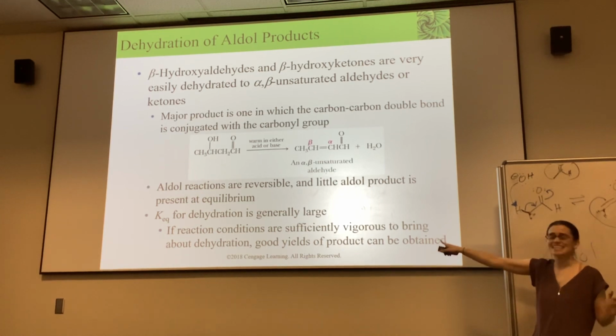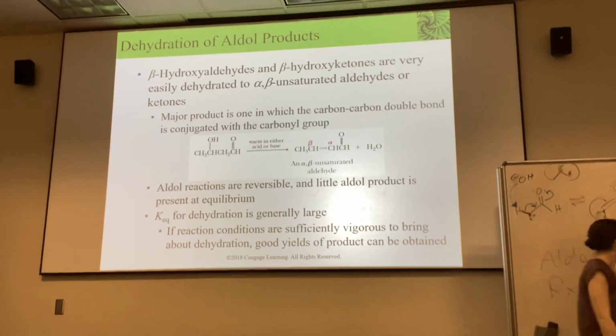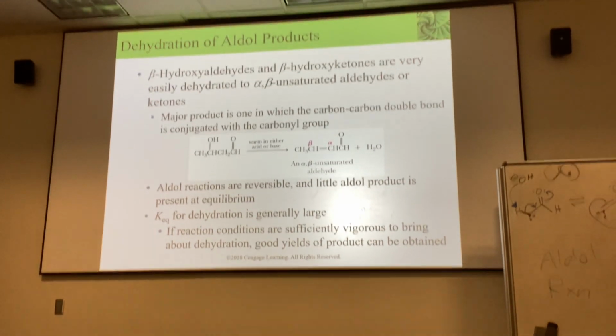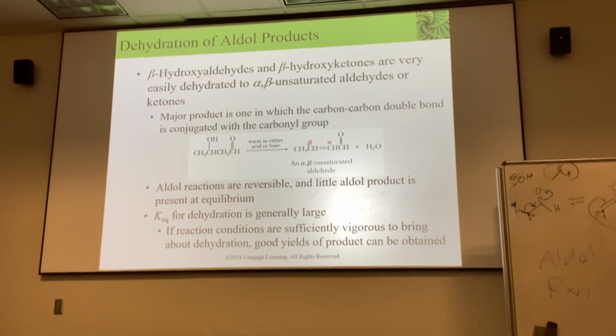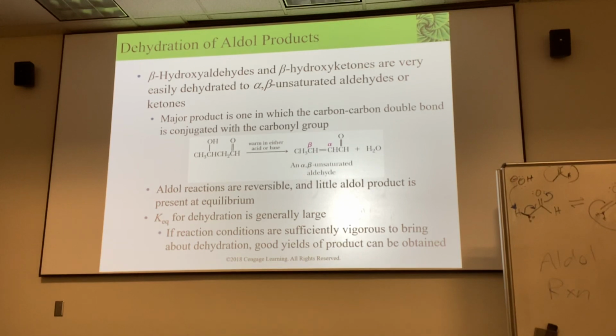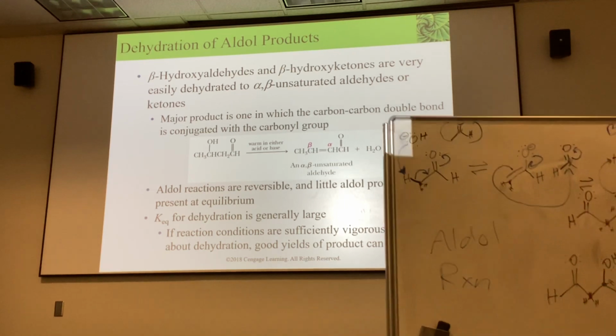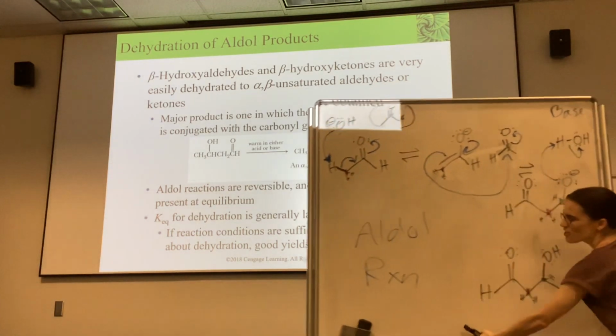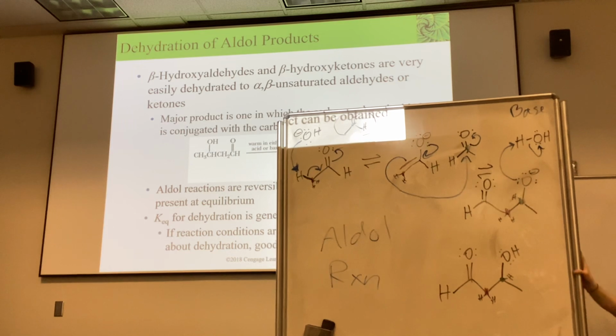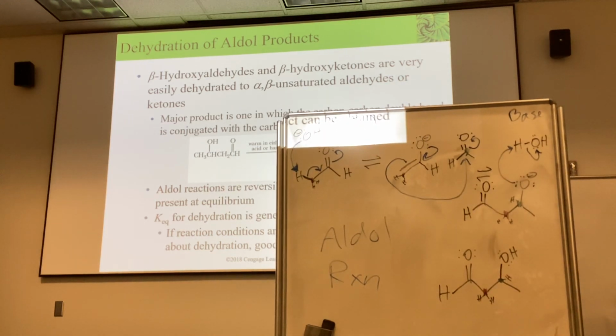KEQ for dehydration is generally large, which is why I got to here and was like, wait, we're done? Because yes, this is the aldol reaction, and what we're about to do is dehydration of an aldol, but if you did this aldol reaction, you should probably go ahead and try and dehydrate it, because usually that is very favored.